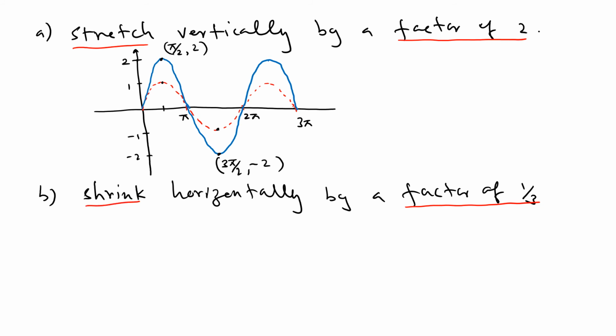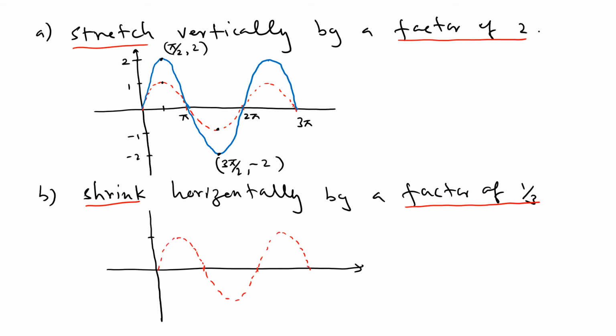If you look at the graphs again, we can graph the original one and the new one for comparison. This is the original one, which has values 0, pi, 2 pi, and 3 pi. What happened? It's going to shrink by 1/3.